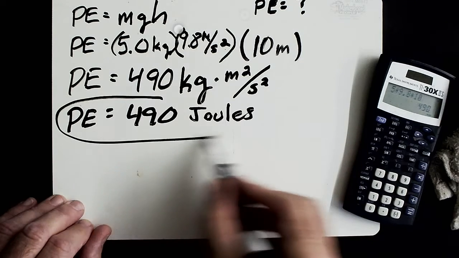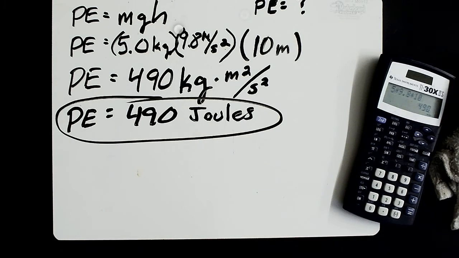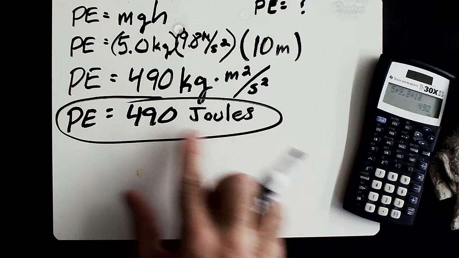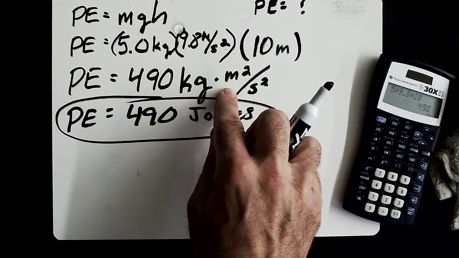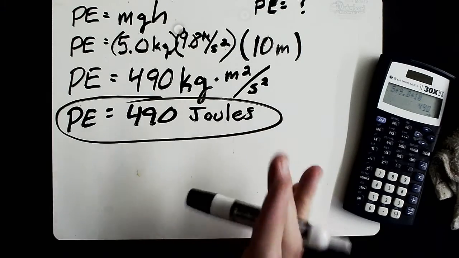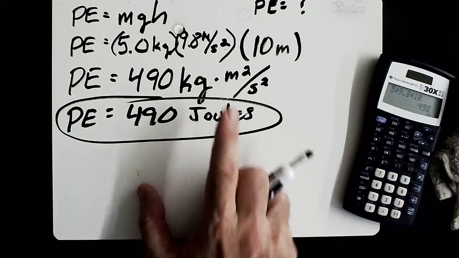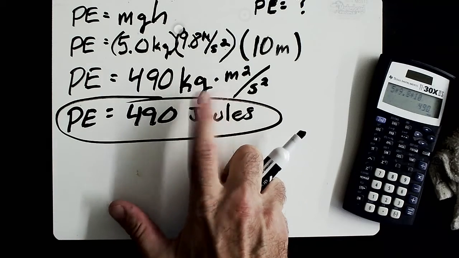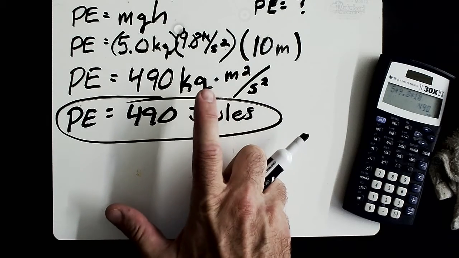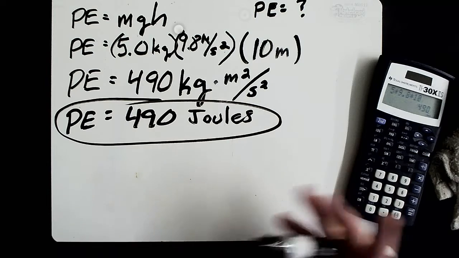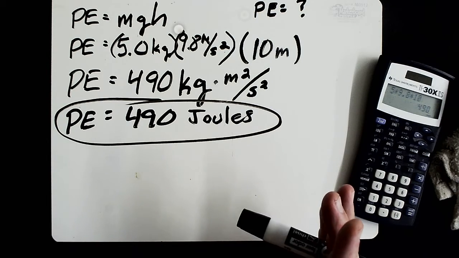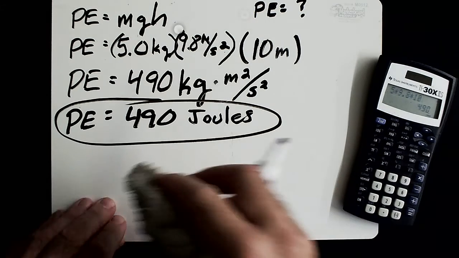And that is the answer. That one's not too bad. But that's how the units work. You have to know that this is what a joule is in order to work with these things correctly, or it's going to be very difficult to get the units right and keep track of where you are. So let's do another one.